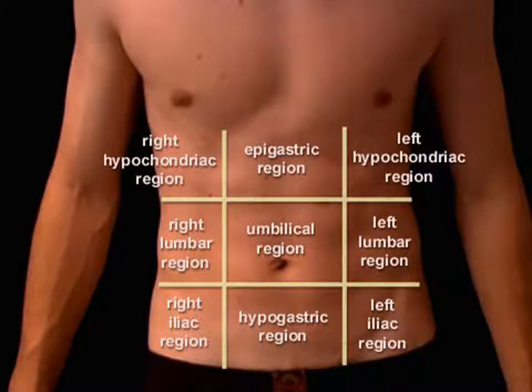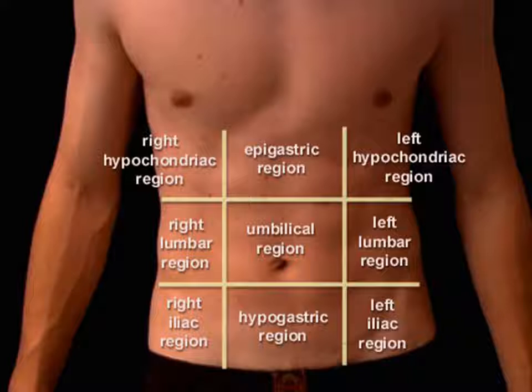This figure shows you the regions of the abdominal cavity. As we know, we subdivide by imaginary lines: mid-clavicular line, right and left, transpyloric and transtubercular of the iliac crest.